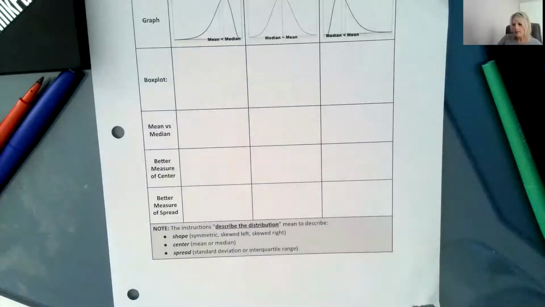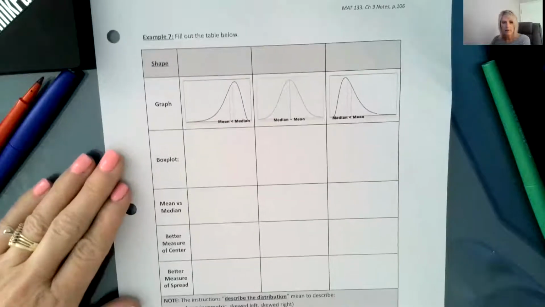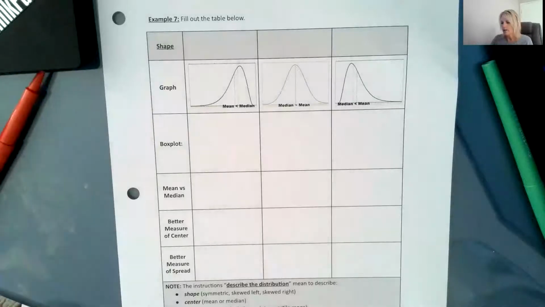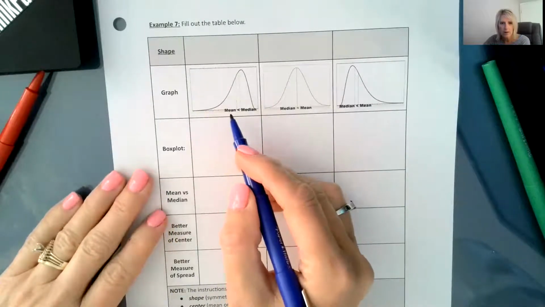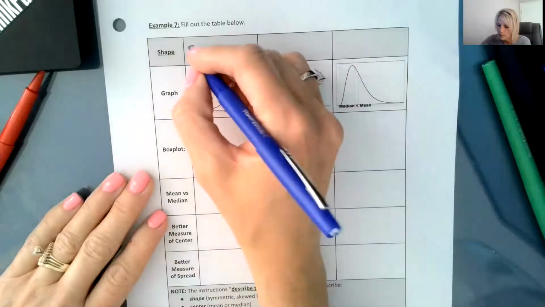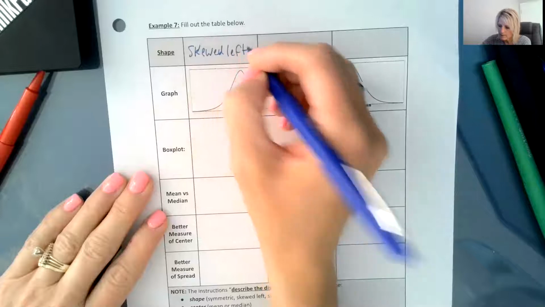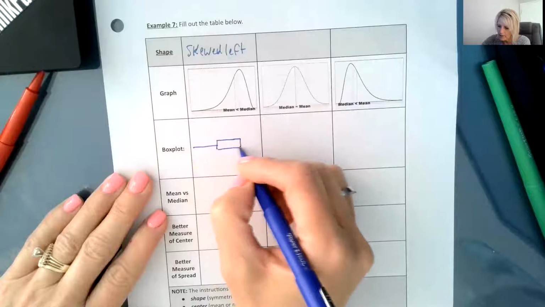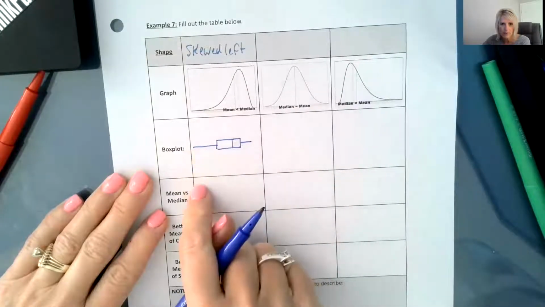And then last but not least, we're putting it all together on everything from chapter 3 here. So we're going to fill this in. This shape right here, when the mean on the left is less than the median on the right, our inequality is pointing left. This is a skewed left shape. Okay, and our box plot would probably look something like this, where we're going to have a longer whisker on the left.